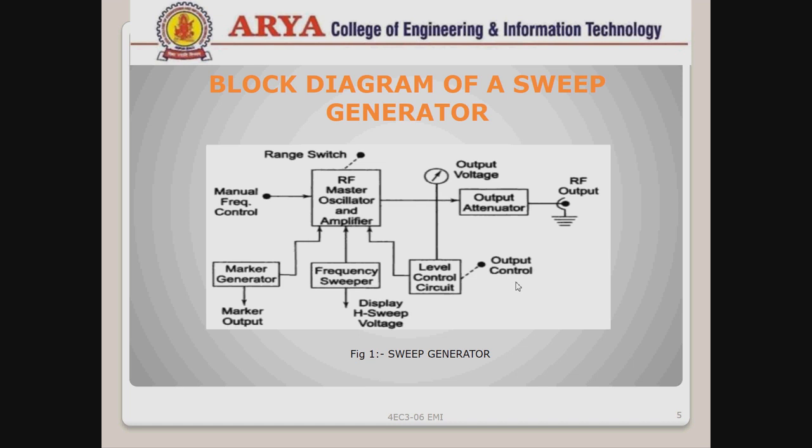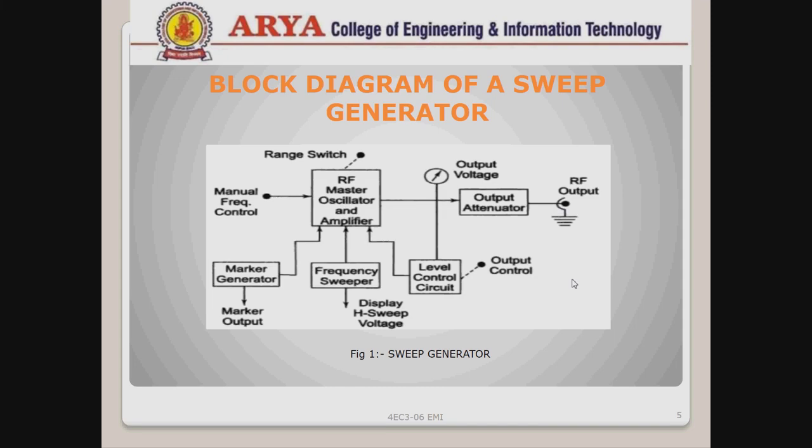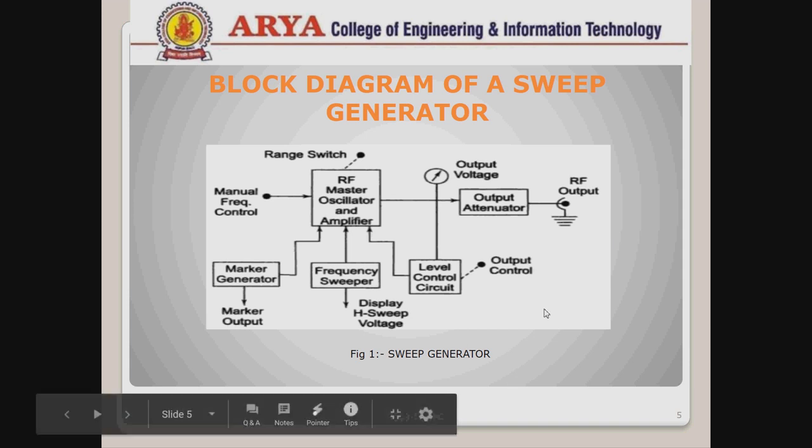The frequency sweeper provides a variable modulating voltage which causes the capacitance of the master oscillator to vary. A representative sweep rate could be on the order of 20 sweeps per second. A manual control allows independent adjustment of the oscillator resonant frequency.